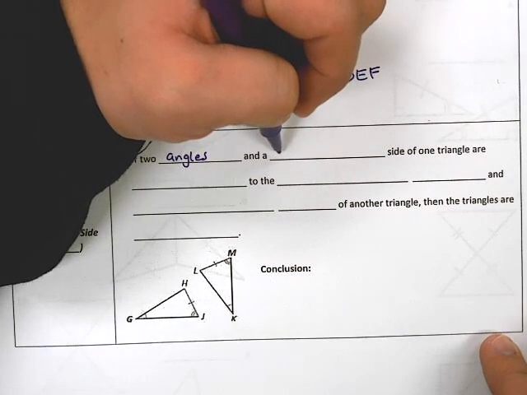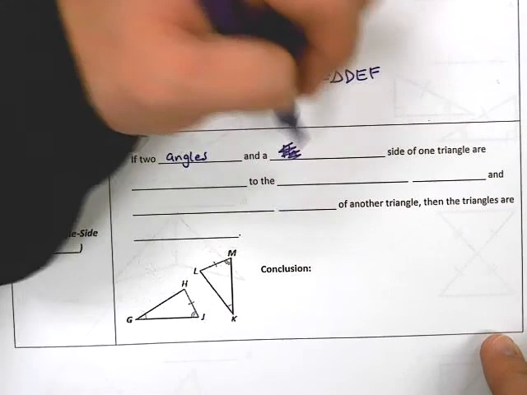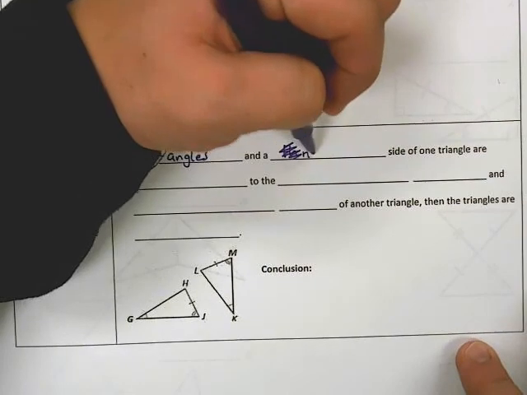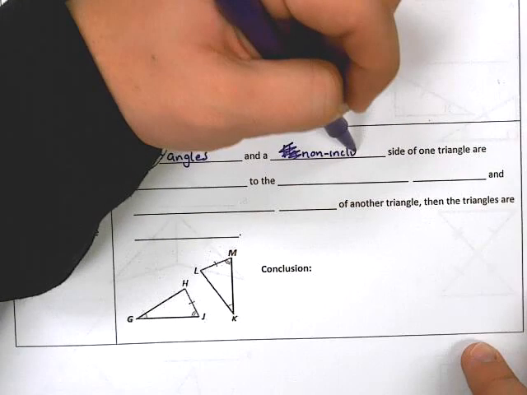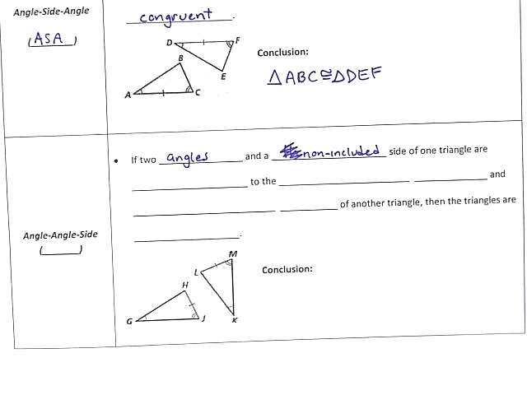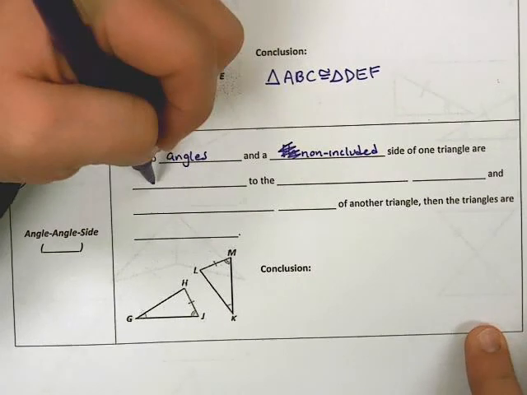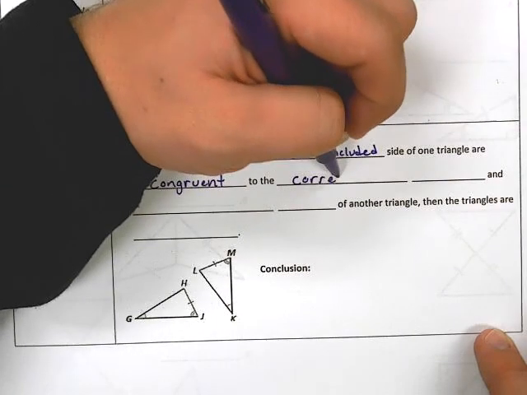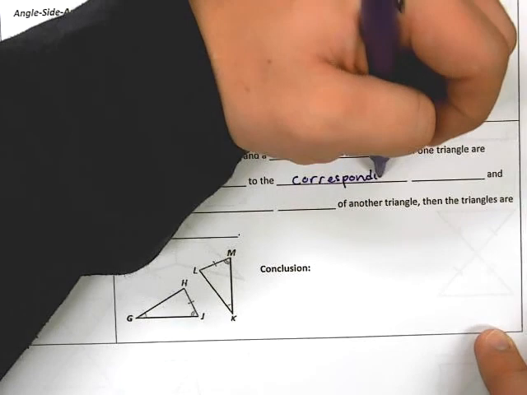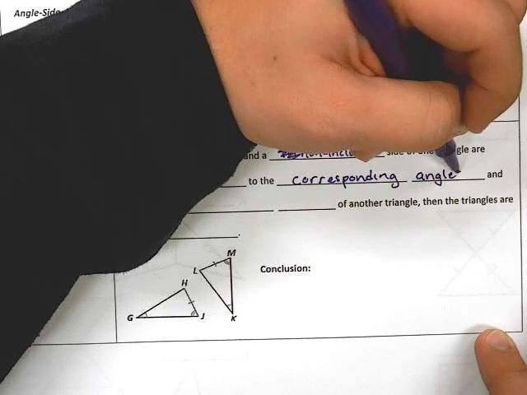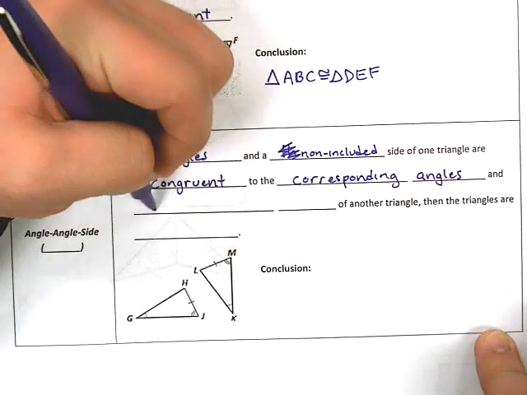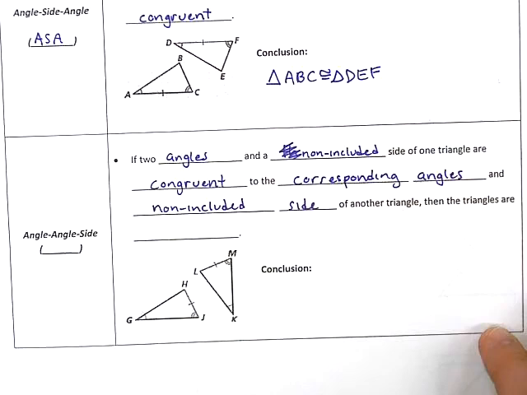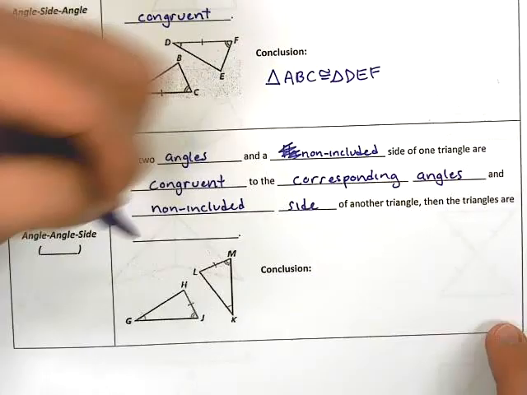If two angles and a non-included side of one triangle are congruent to the corresponding angles and non-included side of another triangle, then the triangles are congruent.